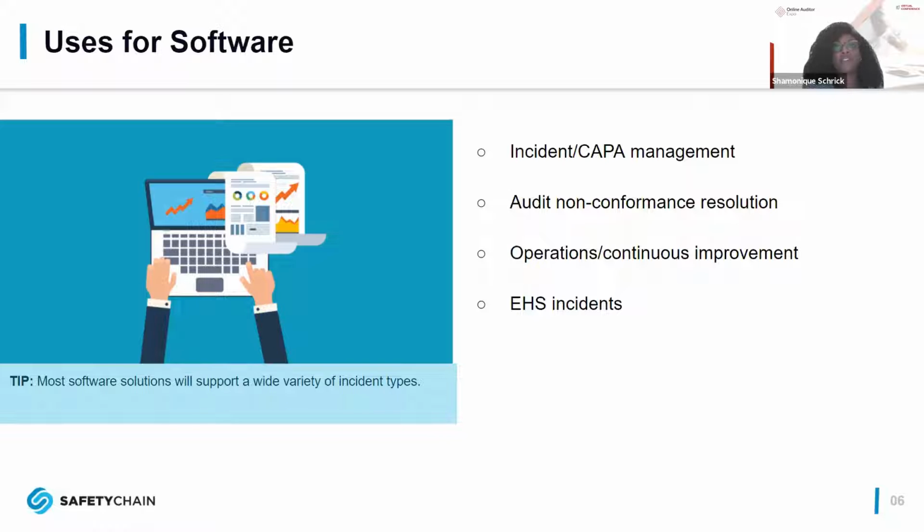If your CAPA is a standalone system, it's going to be easy to treat issues as an isolated incident, which can be resolved and then forgotten. But if you have a CAPA system that is linked to data reporting and documents, it's easier to drive those quality improvements. So we're going to specifically focus on CAPA management related to audits and audit non-conformances today.